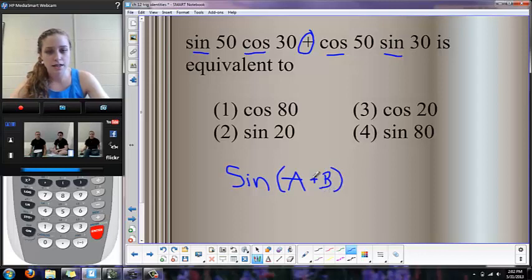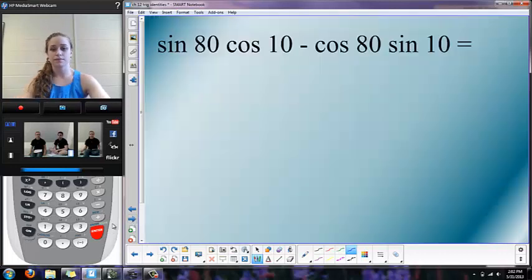So what's my a in this case? My a is 50. My b is 30. So this is the sine of 80 degrees. Really, really easy stuff.